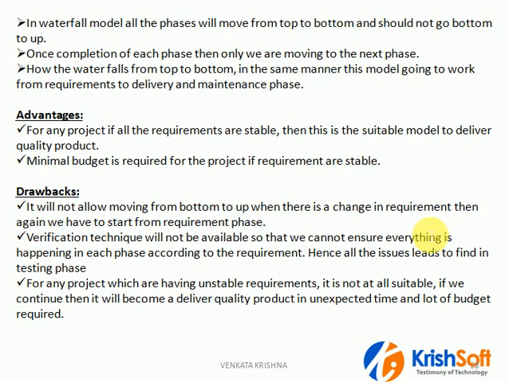In this way, minimal budget is required for this project, but because of the drawbacks like no verification technique in this model, all the mistakes move from one phase to another, because finally we identify all the mistakes in the testing phase. And also if requirements are not stable, then every time we need to go from top to bottom, and the cost of the project will increase.